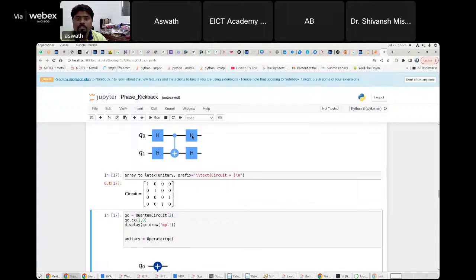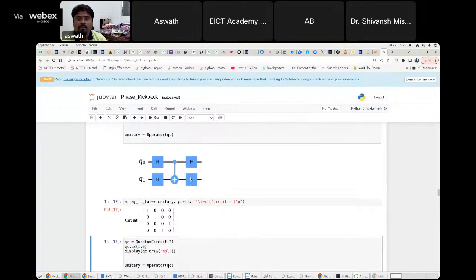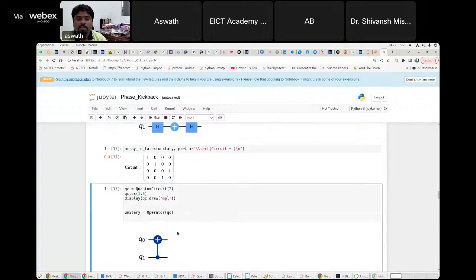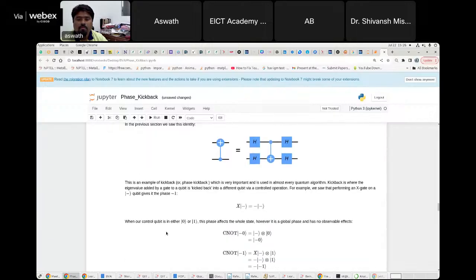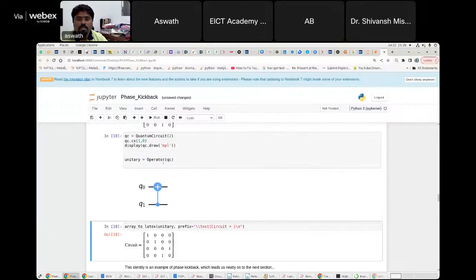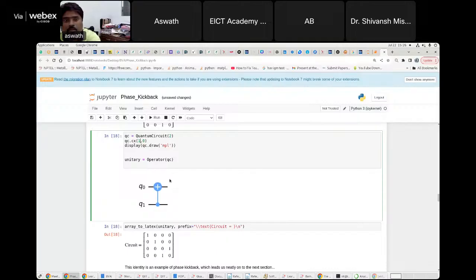Now the moment you just remove this H, you remove the H and reverse it. You just draw the same. You will get the same. Instead of that, let me reverse the CNOT.